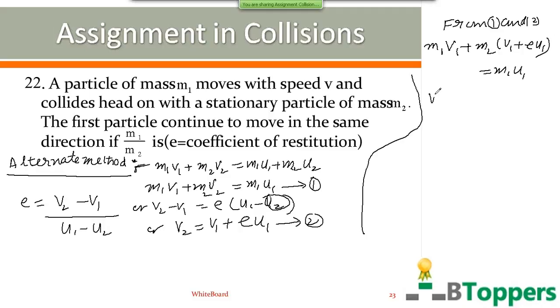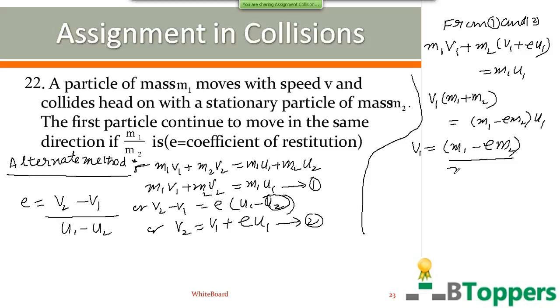We can solve this equation for v1. v1 into m1 plus m2 equal to m1 minus e m2 into u1. That means I am just deriving the same result which I have directly used in the previous method.